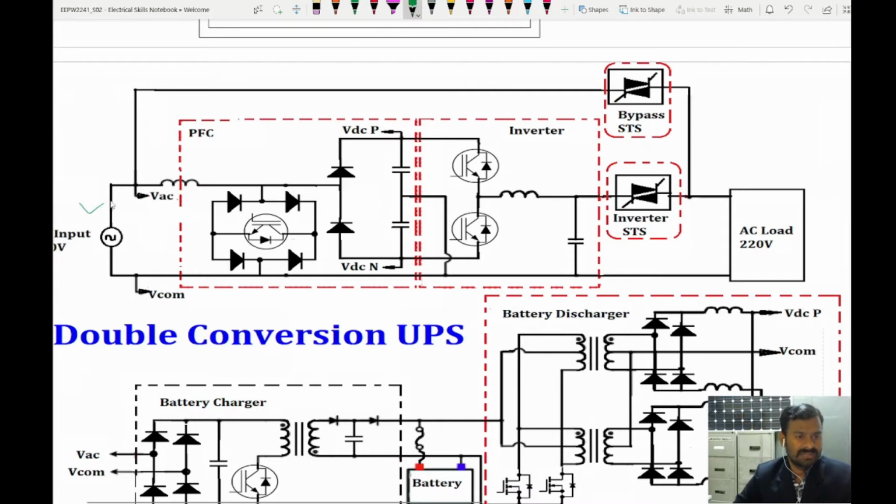When the AC supply is available, the power flow starts through the filter unit and goes to the voltage doubler unit, also the rectifier unit. So the current flow follows this path as I am drawing now here.